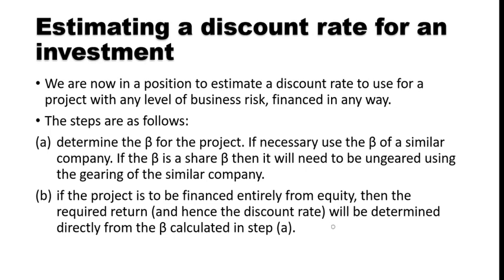If the project is to be financed entirely from equity, then the required return, and hence the discount rate, will be determined directly from the beta calculated in step A. So we need to remember these steps whenever we are determining a project-specific discount rate.